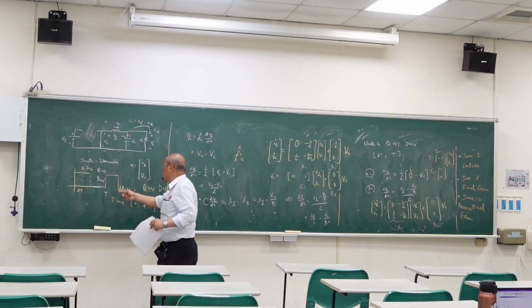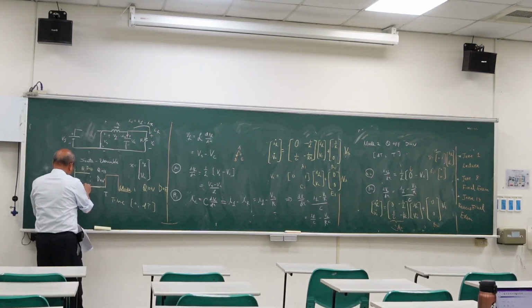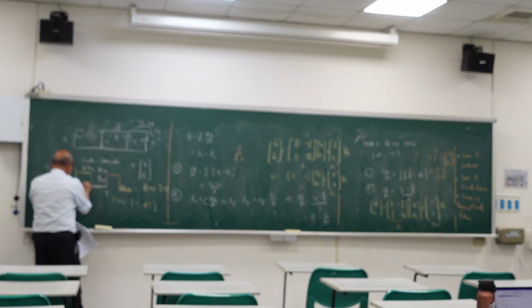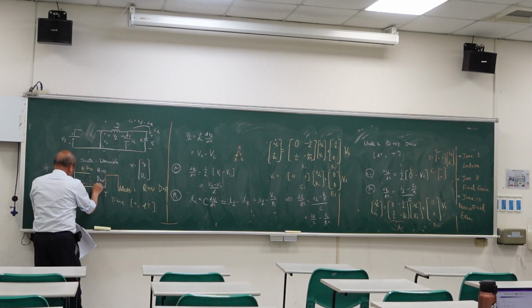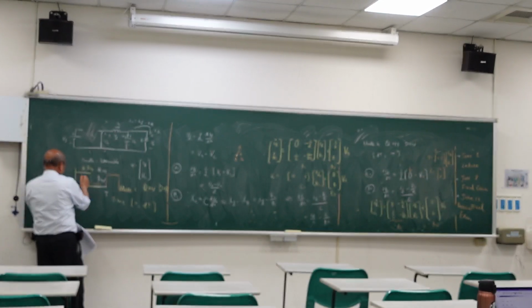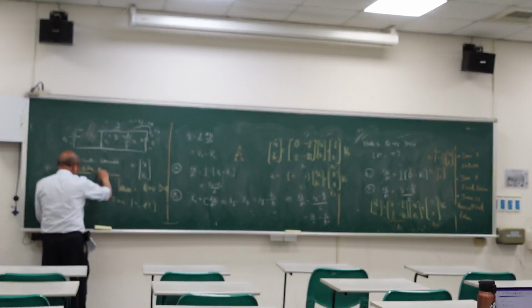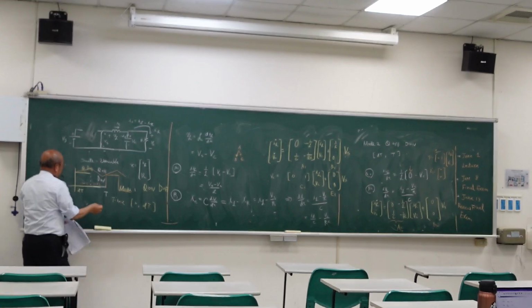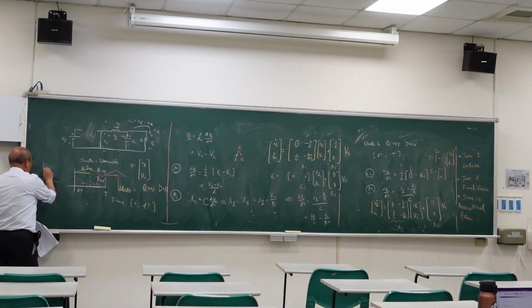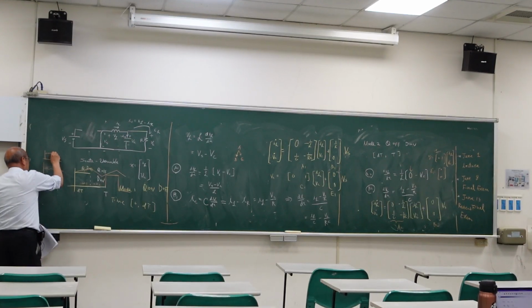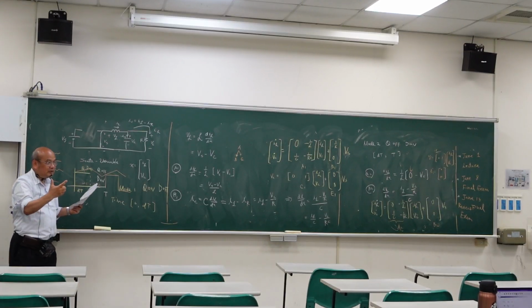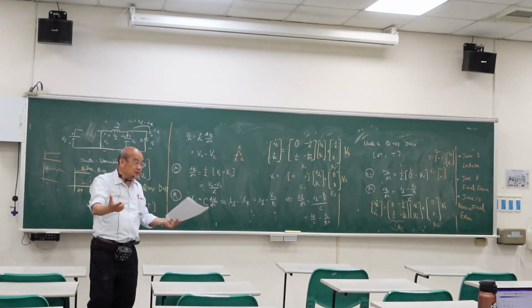If you switch very quickly, this is 10 microseconds, this is 10 microseconds, then you can see the inductor current goes up, then down, then up, then down. If you switch even quicker, it is like this, and finally you think it is a constant, right?